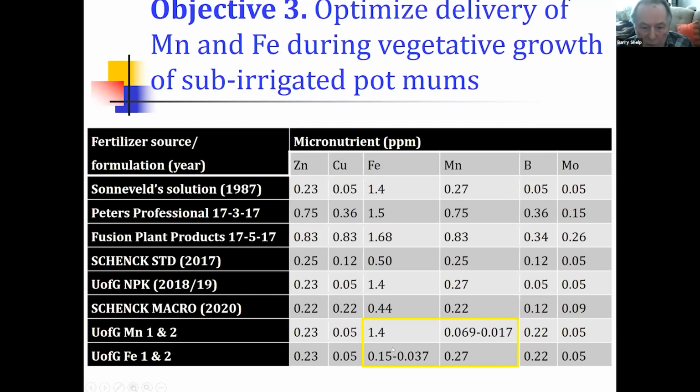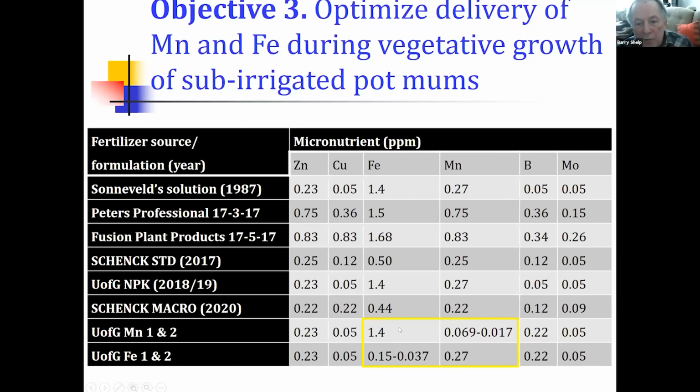this year, but so far we've lowered the manganese level from 0.27 ppm in the Sonnenfeld down to as low as 0.069 ppm with no issues. So we're now lowering it as low as 0.017 ppm, which is down to 25% of the level we're currently using.